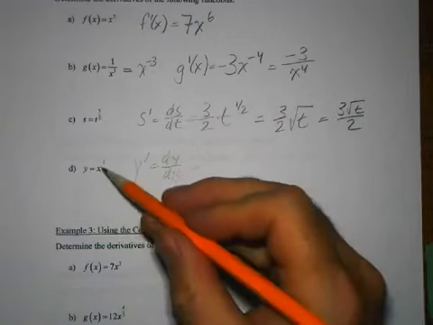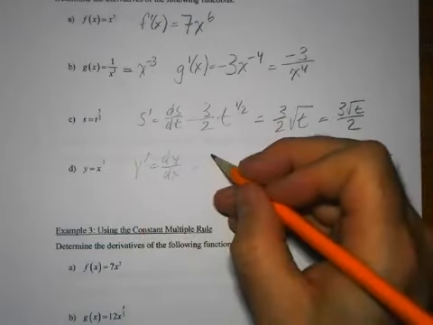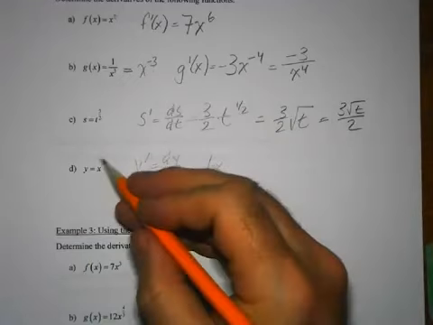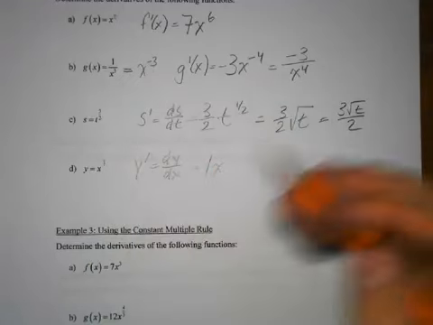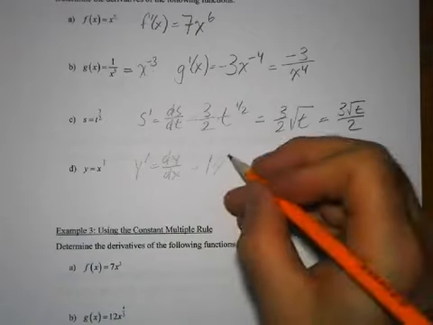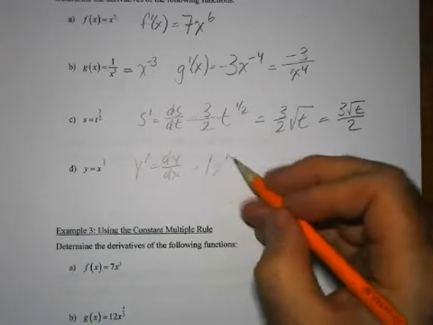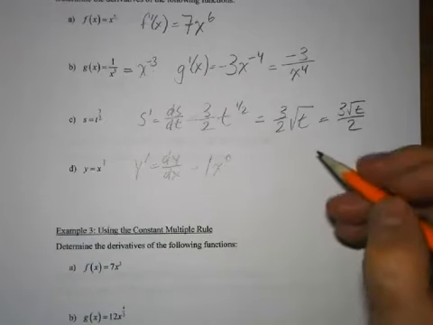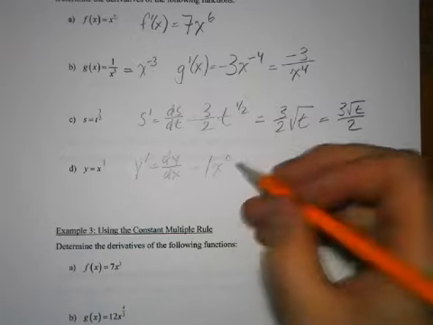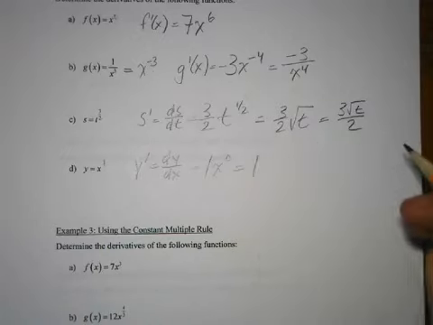So we could still use the same rule. So that becomes 1 times x, because the 1 comes out front. And if we reduce that exponent by 1, it's actually 0. But anything to the power 0 is just 1. So this really just becomes 1.